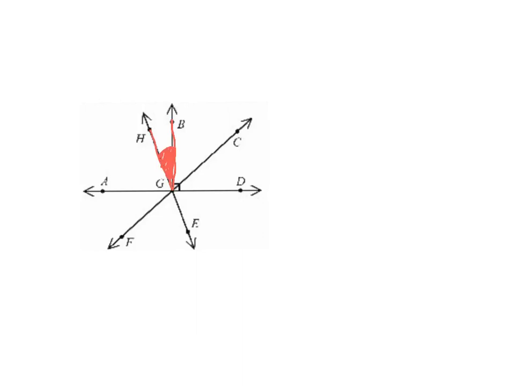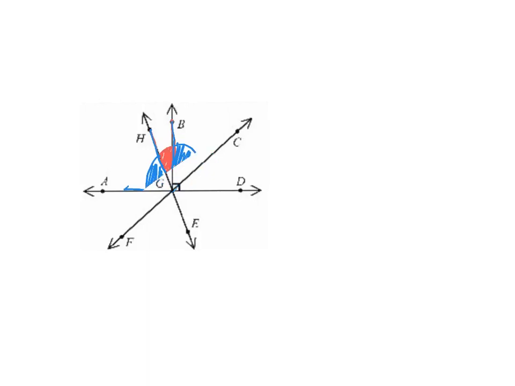I'm going to say angle HGB is adjacent to BGC, this angle. Those two angles, the red and blue ones, are adjacent. The red one also is adjacent, I'm going to color this one blue as well. The red one is also adjacent to HGA right here. So this red angle is adjacent to both of those.